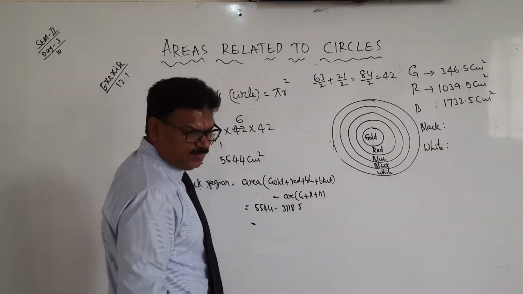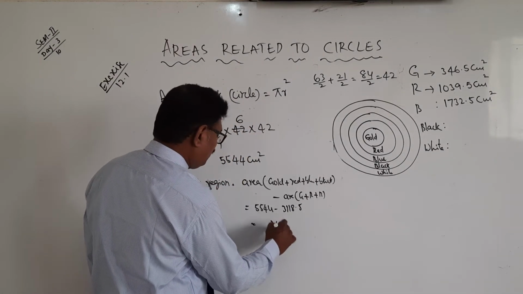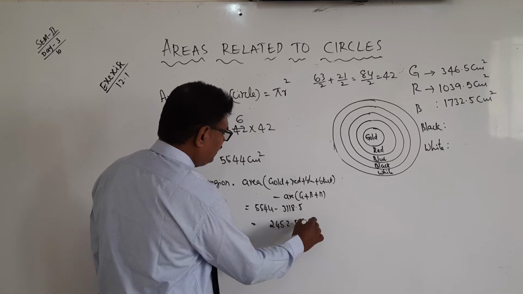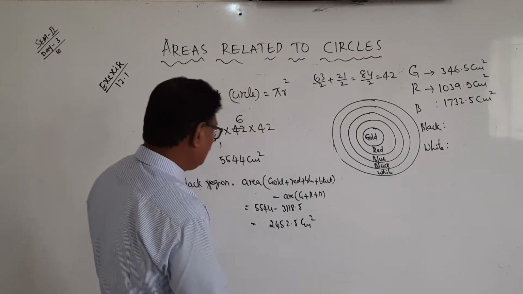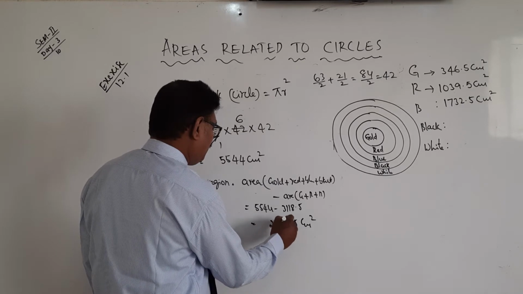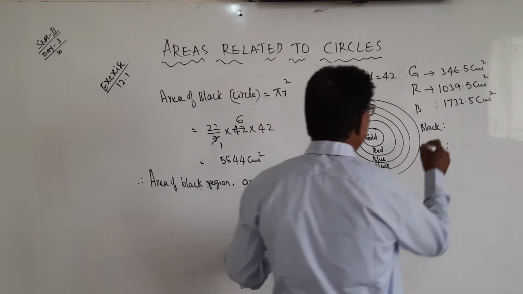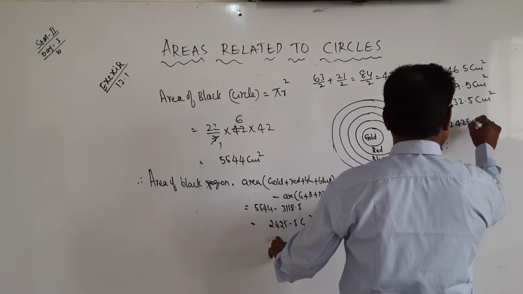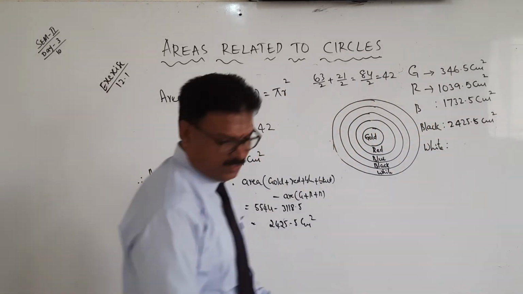Therefore, how much will it come? Around 2452.5 centimeter square. 2425, sorry. 2425.5 centimeter square. This is the region of black. 2425.5 centimeter square. Okay?